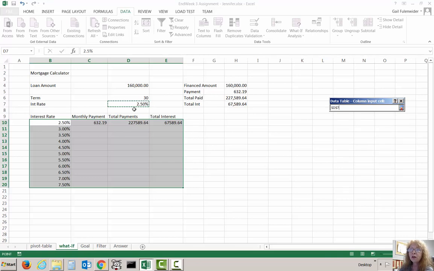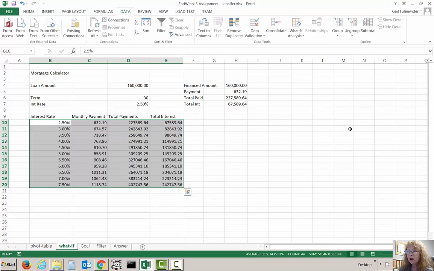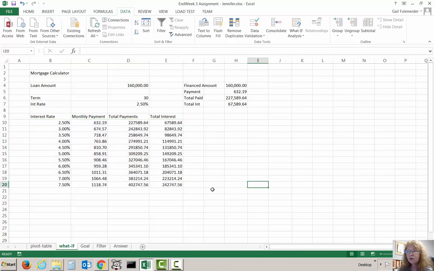And that's where the interest rate is within the scenario. Okay, that's what it starts out at. So I can go ahead and select this and click on OK. And there's my values.